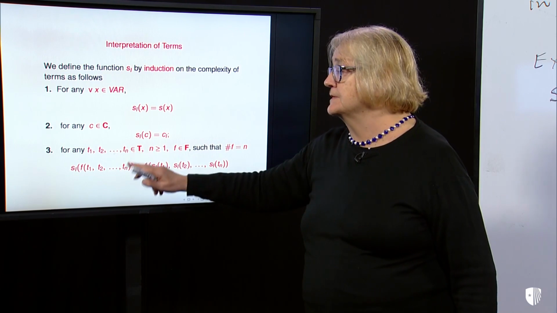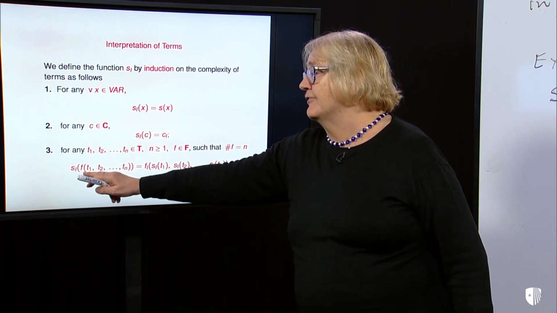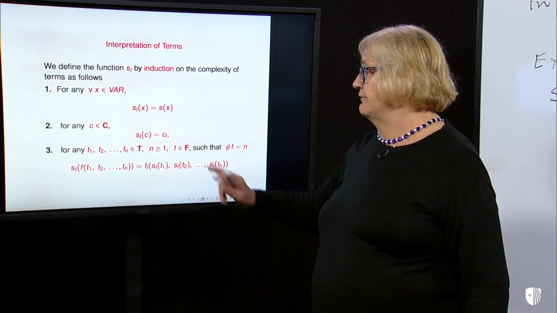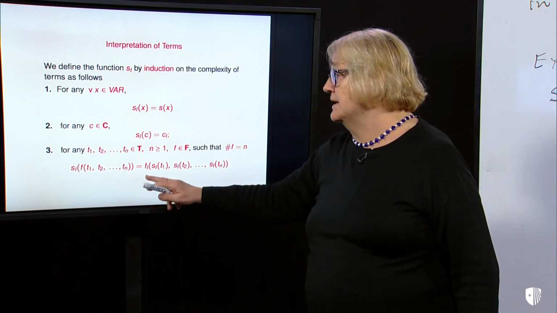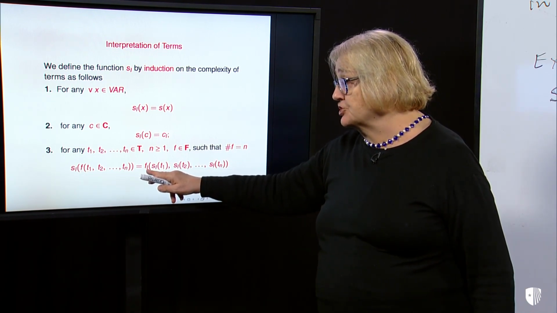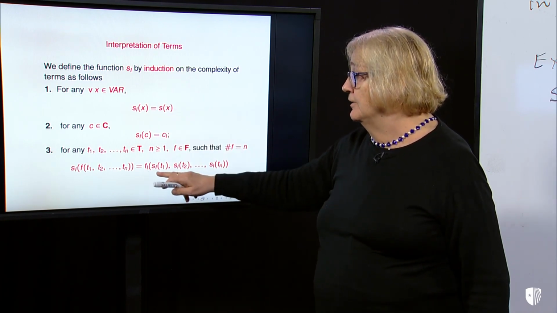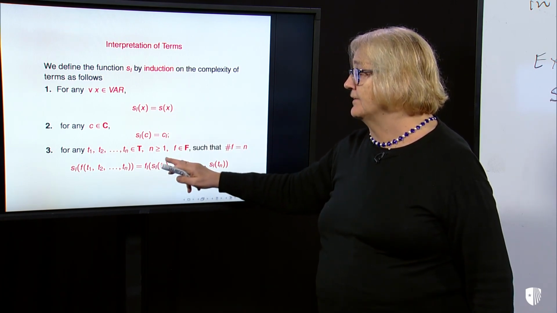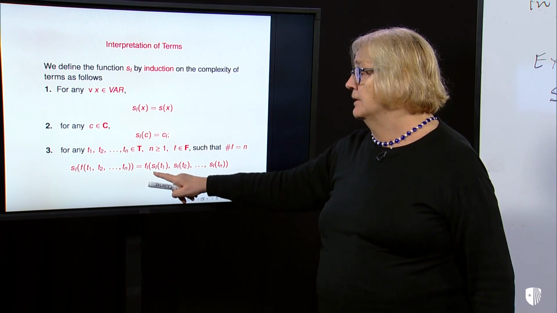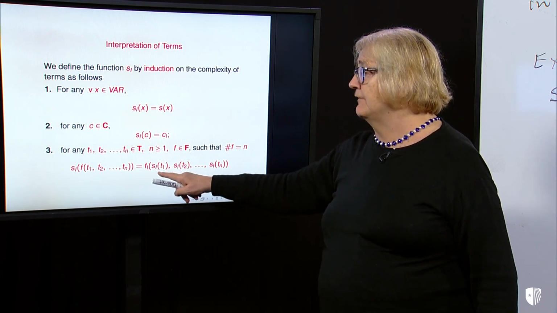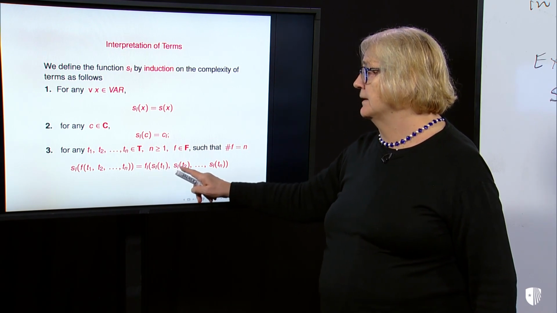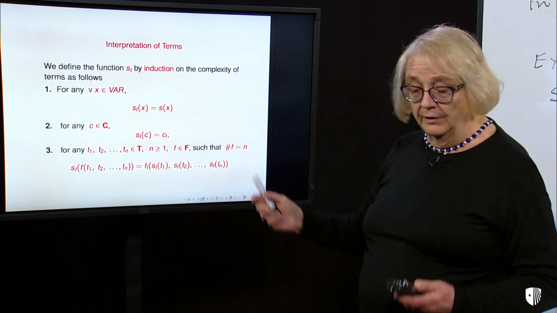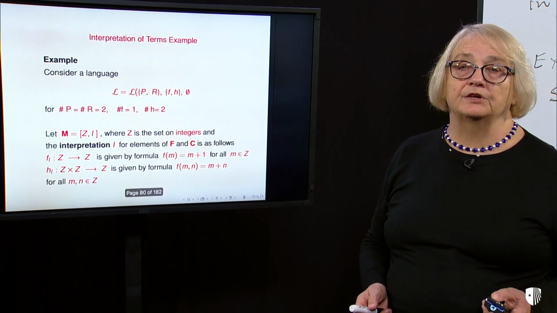And when you have a term f t1 ... tn, where f is a functional symbol, it is the real function in our universe applied to the recursively already defined interpretation of t1, ..., interpretation of tn. So it's a typical recursive definition.